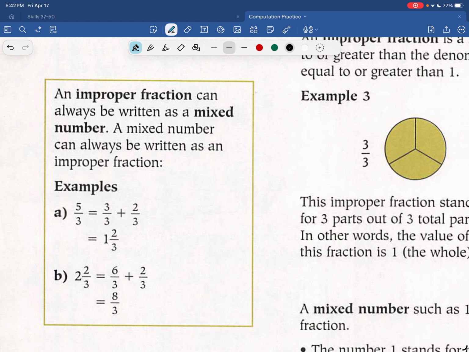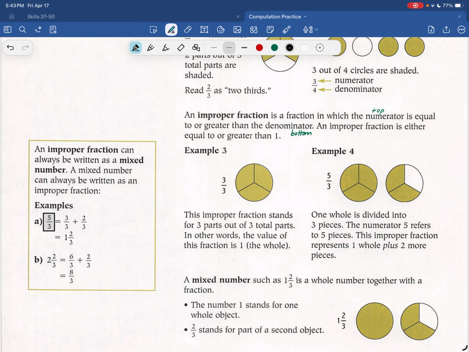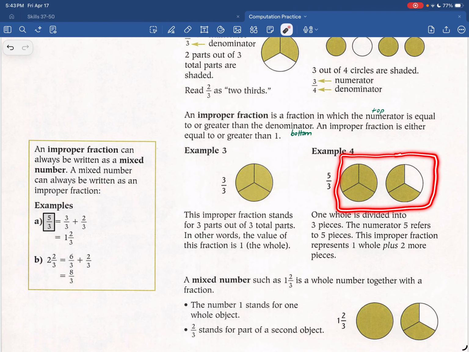So some examples here. Let me take 5/3. That's the improper fraction. That is the same as 3/3 plus 2/3. And we can see that in this picture right here. We've got 3/3 in this one and 2/3 in that one.